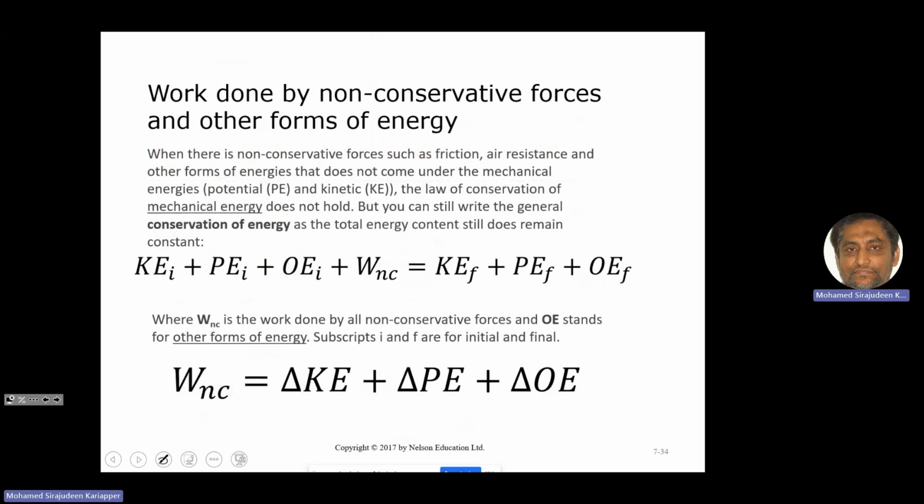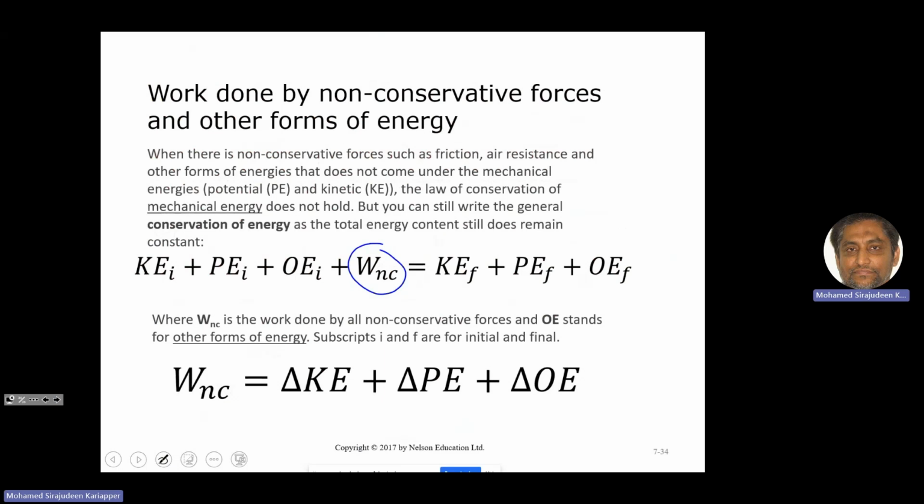Now we come to generalizing this conservation of energy. There can be non-conservative forces, right? The system can be an isolated system, but there can be non-conservative forces like air resistance and friction.